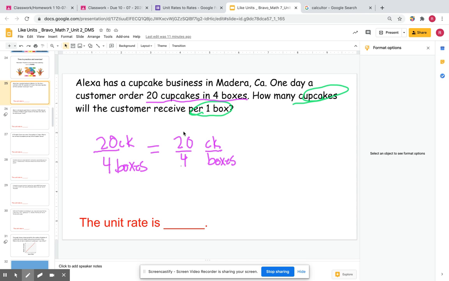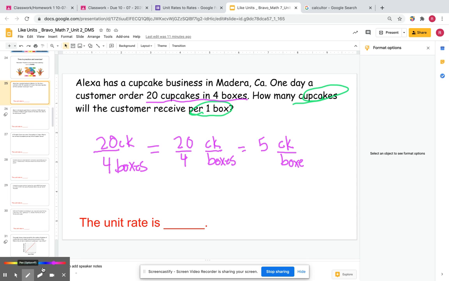We're going to divide this to a decimal. Go ahead and do that in your calculator. I hope you were able to get the number 5. So there's 5 cupcakes for 1 box. And remember, we can change anything to a fraction by adding the number 1 in the bottom.